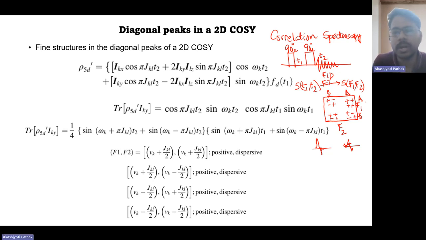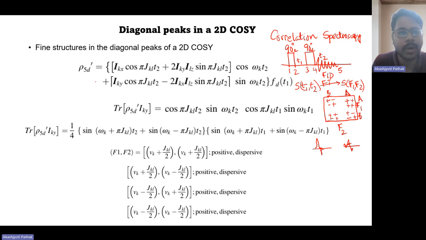So that was the basic concept. Now what we will do is look at what fine structures are observed in the diagonal peaks in a 2D COSY. We had derived all these expressions, so I will not go into too much detail. These were labeled as 1, 2, 3, 4, and this is the 5.